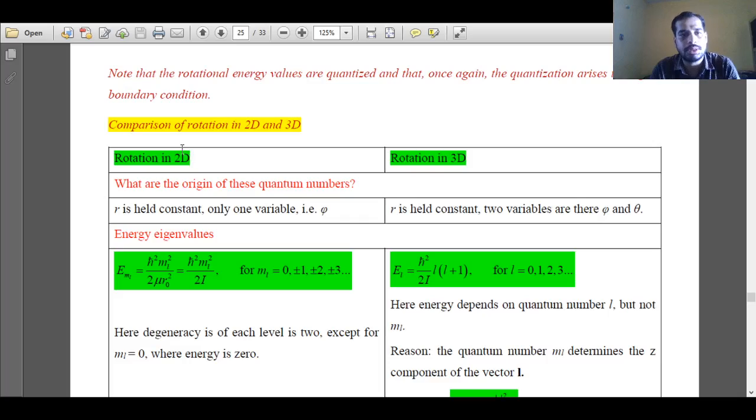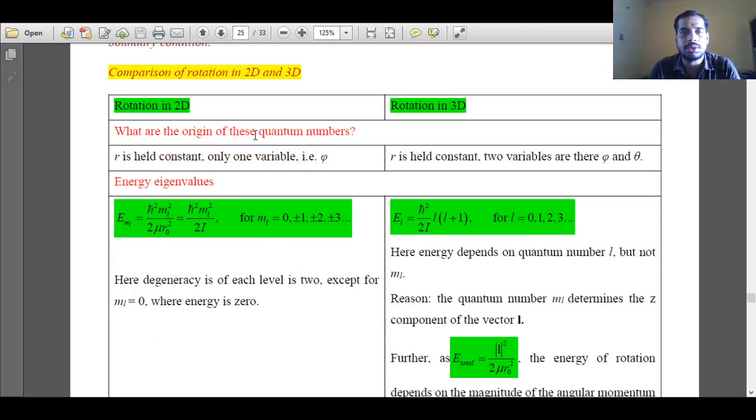Now we will see the comparison between two-dimensional rotation and three-dimensional rotation, that is, particle in a ring and particle on a sphere. So what is the origin of the quantum number? The first question arises: what is the origin of the quantum number in the case of rotation in two-dimensional space and rotation in three-dimensional space? In two-dimensional space, there are actually two variables.